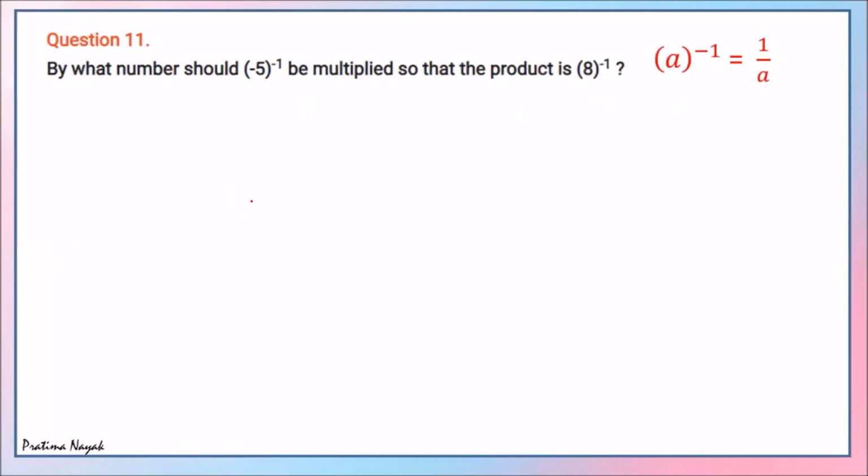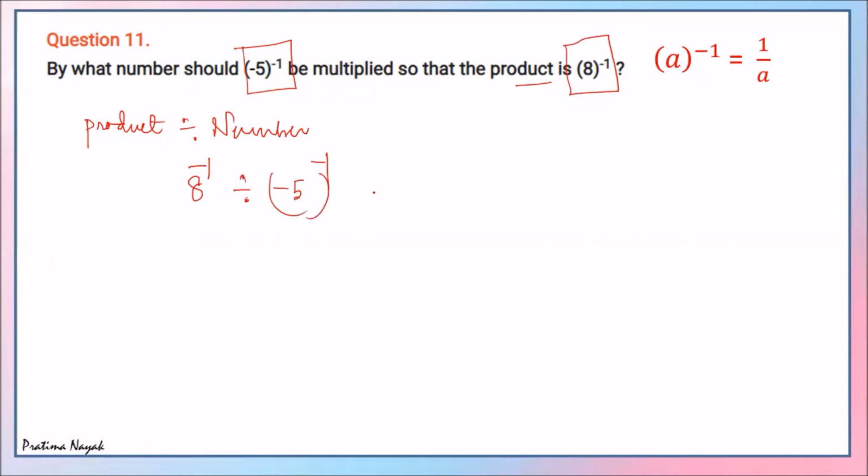Question number 11. By what number should (-5)^-1 be multiplied to get the product (8)^-1? What should be multiplied with this to get this product? So what we'll do: product divided by number gives you the other number. So I'll write 8^-1 divided by (-5)^-1.